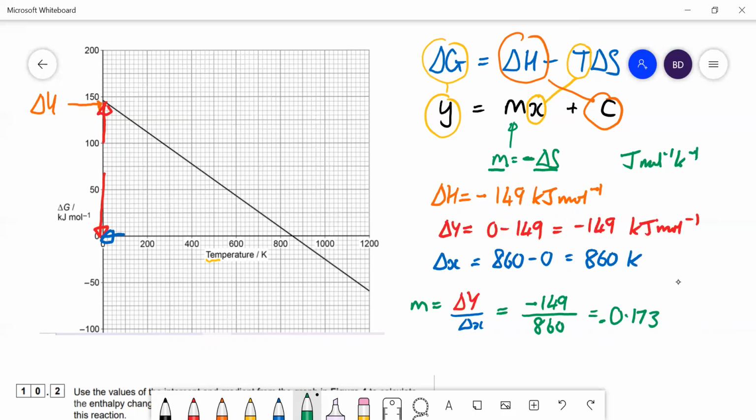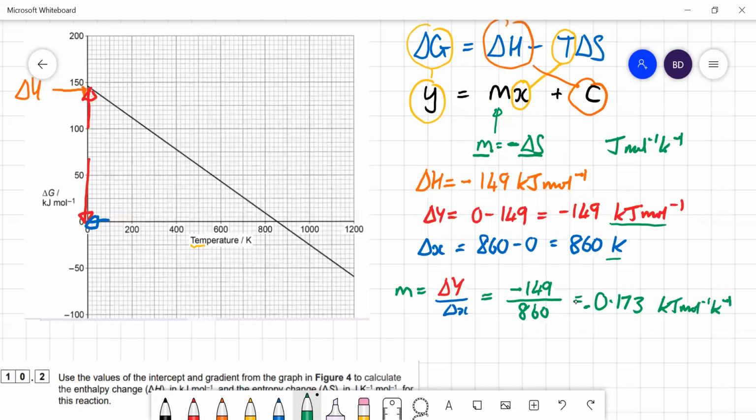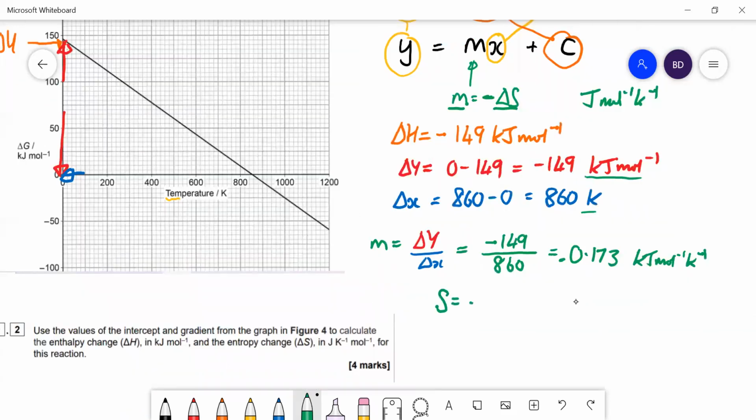The units are kilojoules per mole per Kelvin. Now S is the negative gradient, so S is equal to plus 0.173 kilojoules per mole per Kelvin. But the question asks for joules per mole, so we've got to times that by 1000. So that's plus 173 joules per mole per Kelvin.